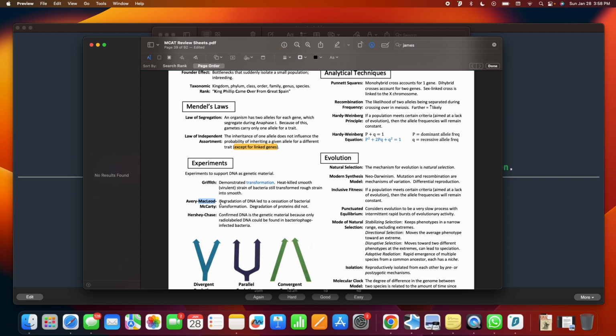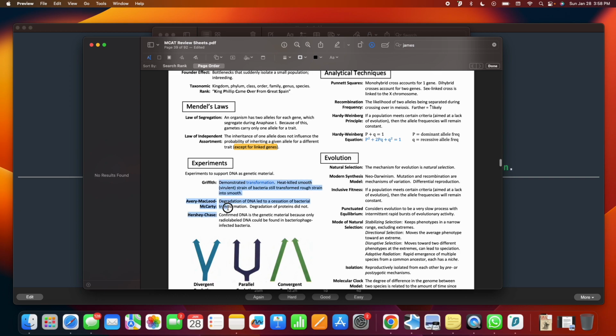These are three scientists, as we can see by their names, and degradation of DNA led to a cessation of bacterial transformation. Degradation of proteins did not. So when DNA was degraded, bacterial transformation did not happen anymore.